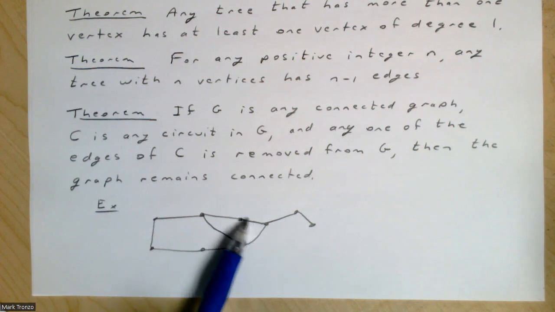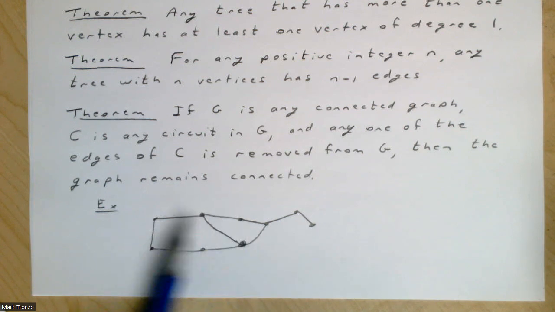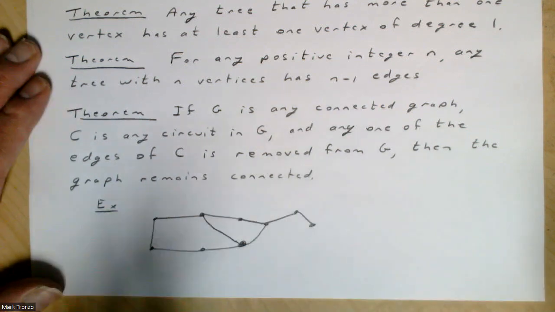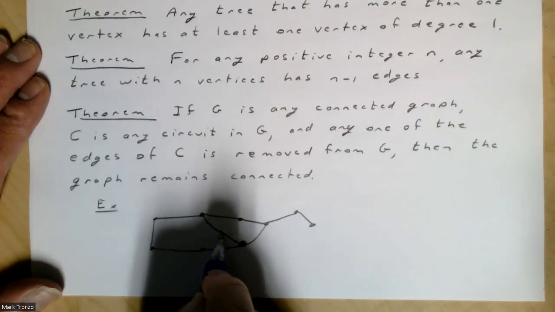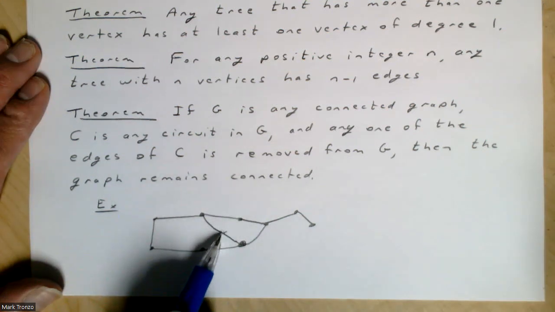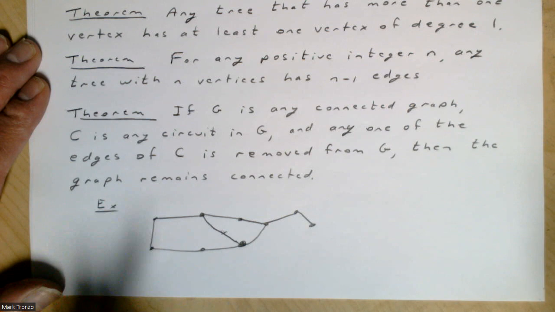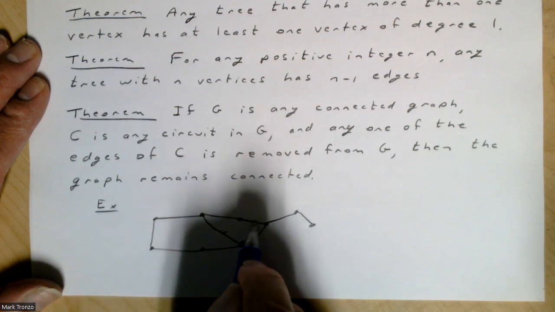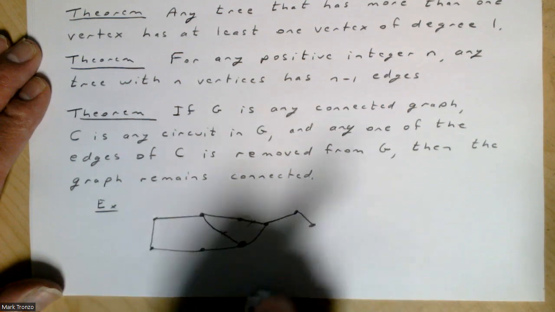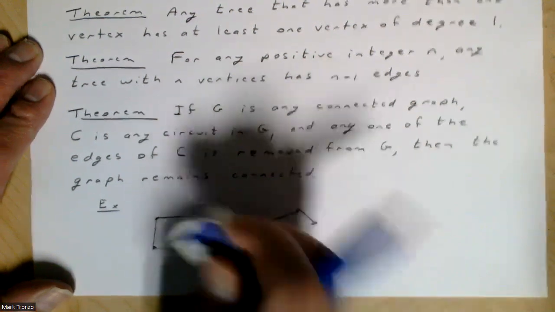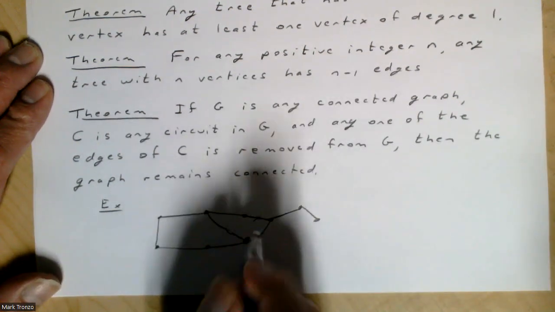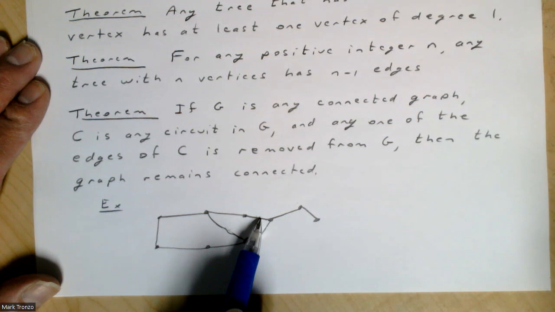If we remove any edge on that circuit, the graph will still remain connected. You can see that if we took away this edge, it would still be connected. If you took away this edge, in other words, if you just take one of the edges away, the whole thing would still be connected.